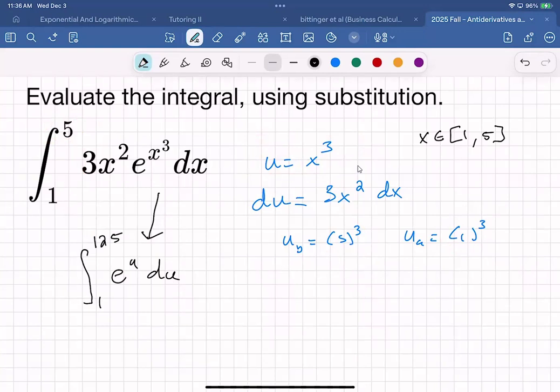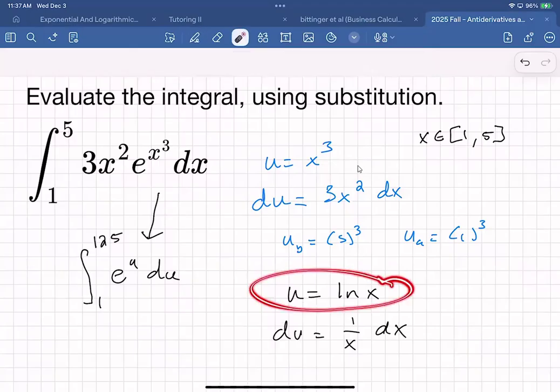Okay. It's not guaranteed to work out nicely though, because you might get something with a natural log or something. Different things you can run into is like, hey, if I use u equals the natural log of x, du then is 1 over x dx. Oops, forgot my dx. That might work for you trying to work a problem out. You never know. That's not going to be necessarily the nicest thing to plug into.